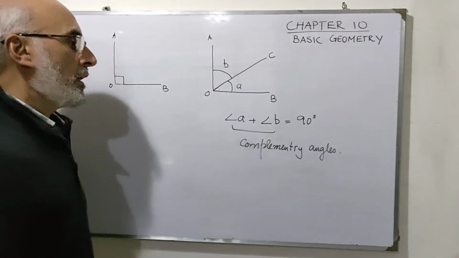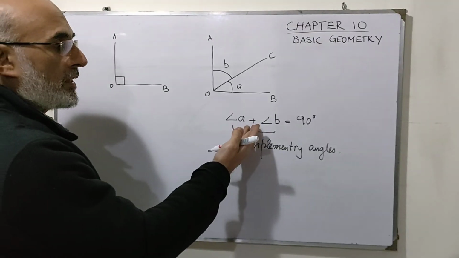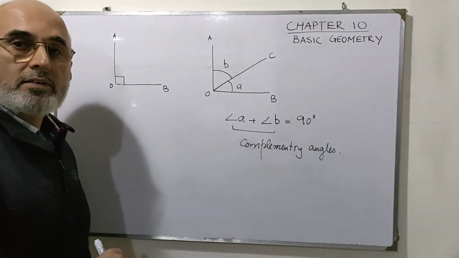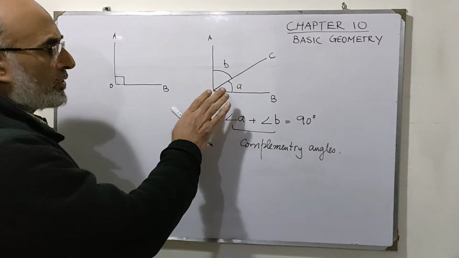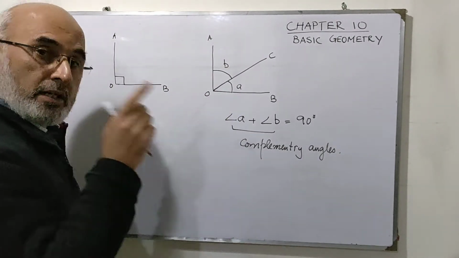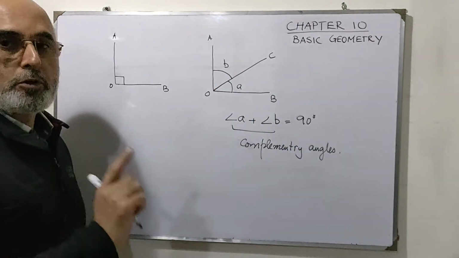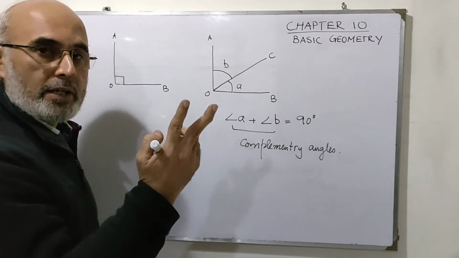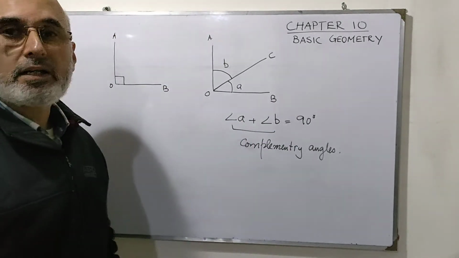Okay, so if we sum up this pair, it's going to be 90 degree, and it is known as complementary, right? And of course, when we say pair, it has to be a pair. If we are adding one more angle to it, it won't be complementary. For complementary, we can have only 2 angles and their sum has to be 90 degree, and then we'll call it complementary.